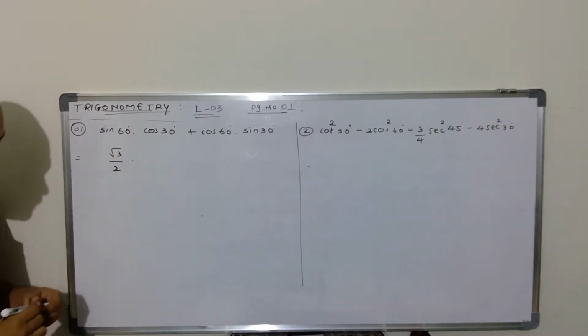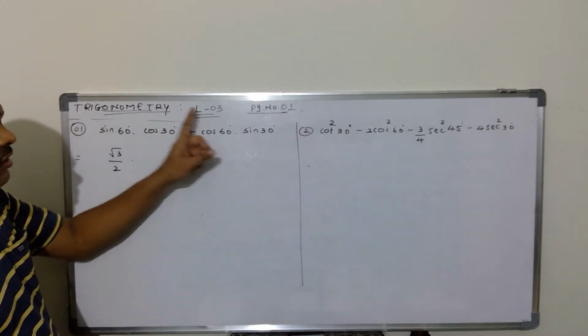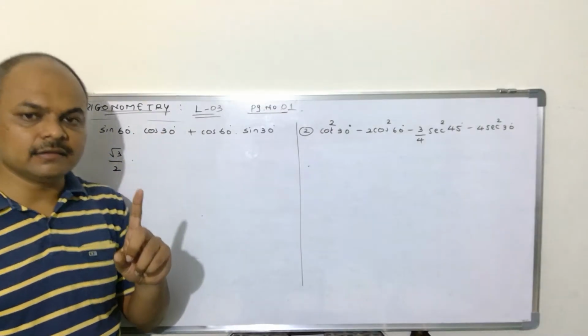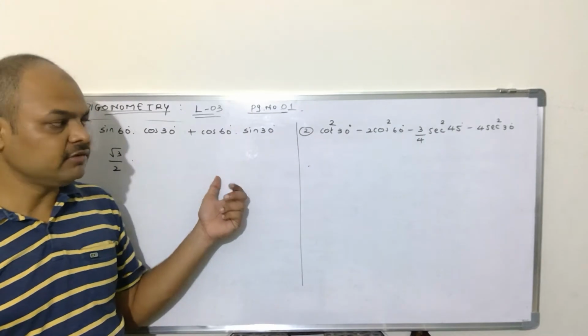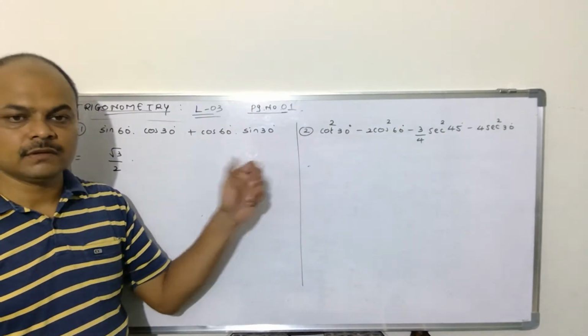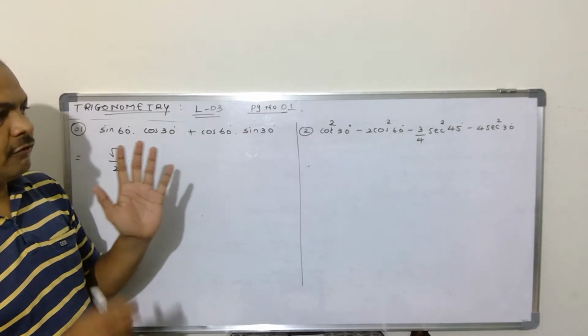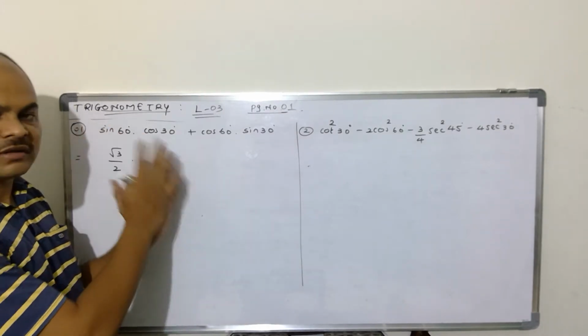Remember, again I am repeating, before starting these sums of lecture number 3, it is advisable to refer to the slide first of all. That particular table shows all these angles: 0 degree, 30, 45, 60, 90. First refer to that table, then only you will understand what is going on here.